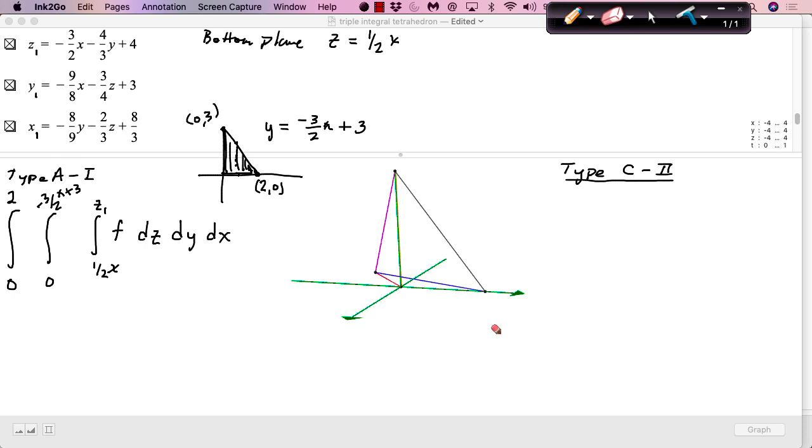So type C2, what's the first variable of integration? y first, right? Type C is y first, so it's going to be from what to what?